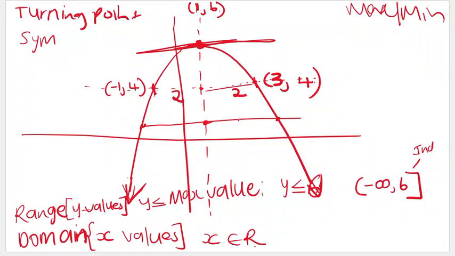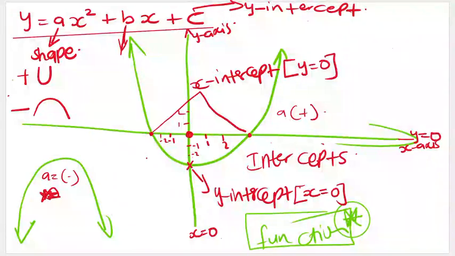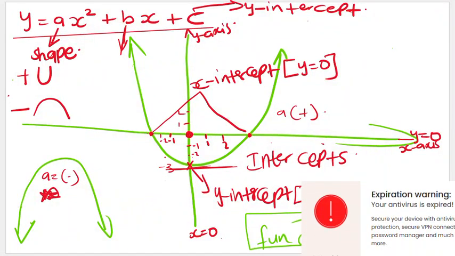And then another important thing, if it was this one, the range will be, remember on this one we have the minimum value. So say the minimum value is negative 3. The range will be y is greater than or equal to negative 3.